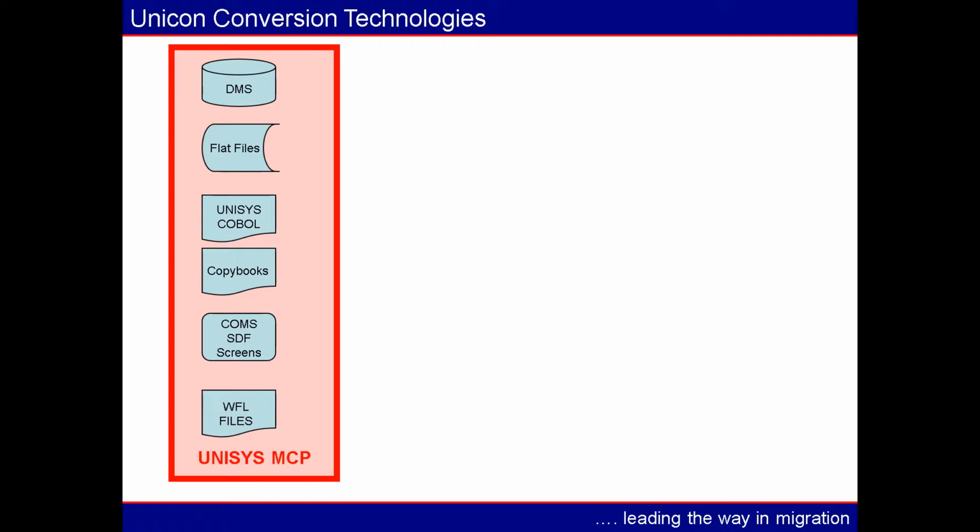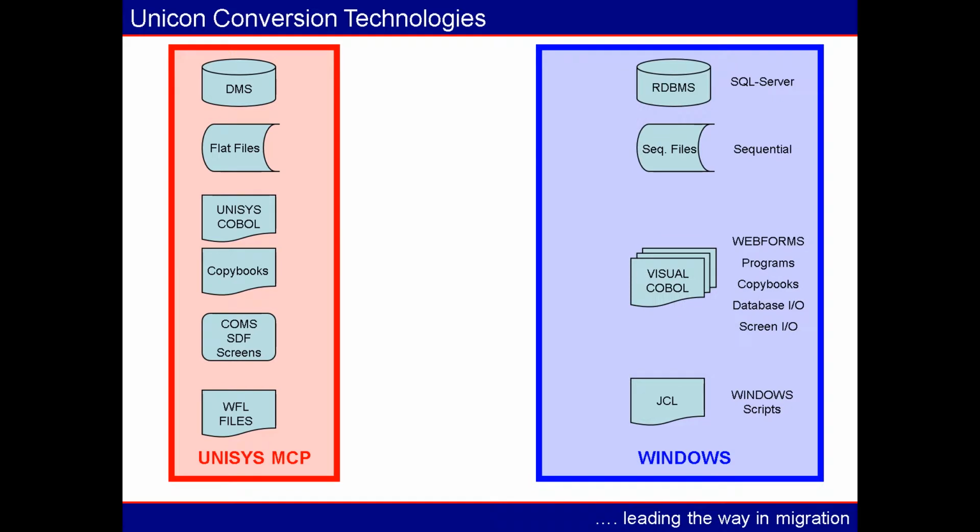In this example, the customer's current components are a DMS database, COBOL programs, SDF screens running under comms, and WIFL files to perform the batch jobs. The new Windows platform is to use SQL Server tables, ASPX web form screens serviced by an IIS web server, Visual COBOL programs, and .bat scripts to run the batch jobs.